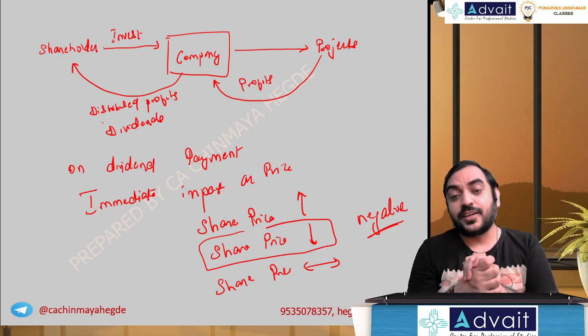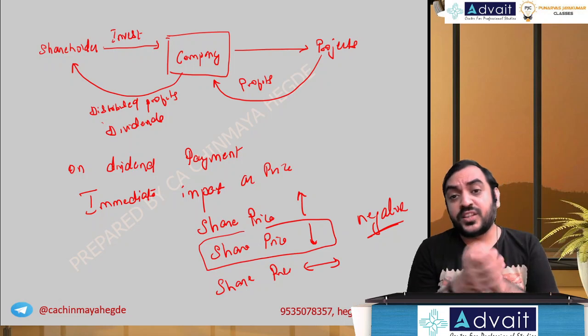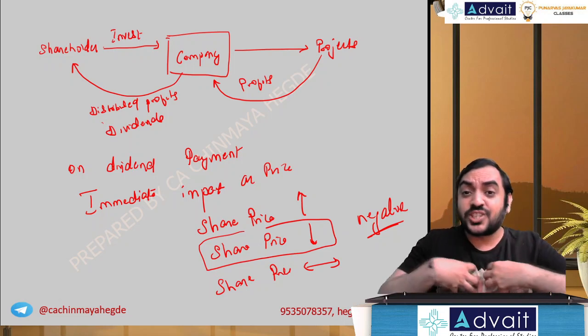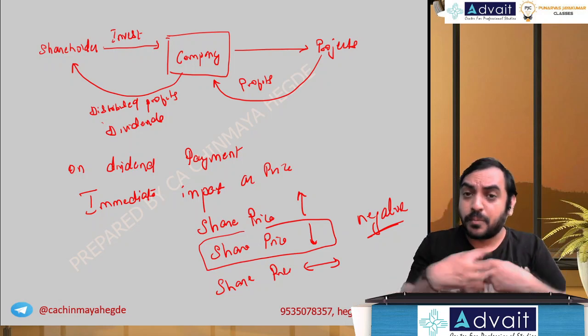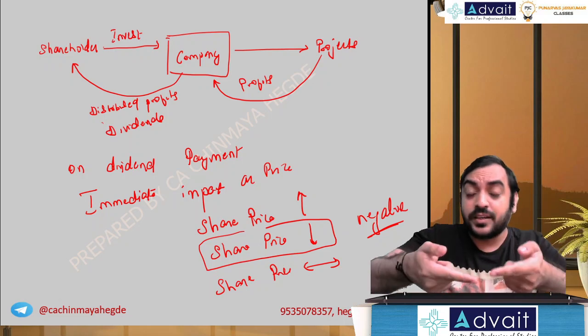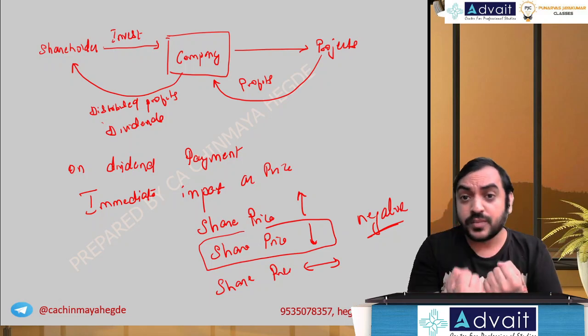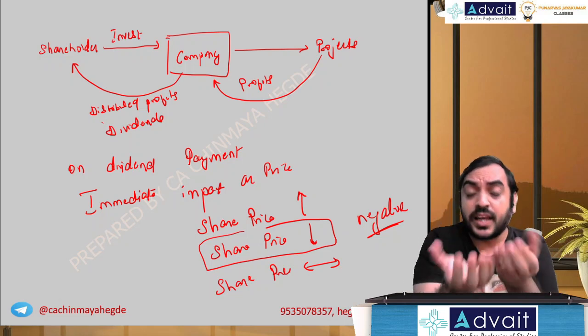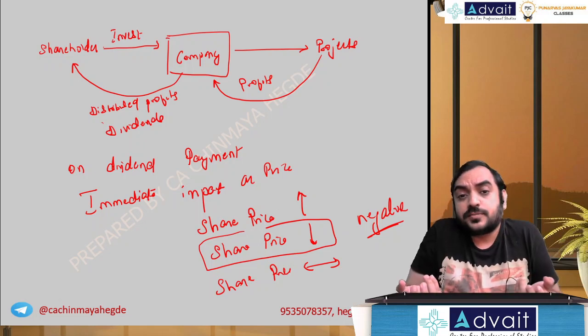And I was just telling, it is very similar to a partner withdrawing his share of profits. Now, if a partner withdraws his share of profits, what will happen to his capital account? The partner's capital account will come down. That means the partner's investment in capital, or his recoverable amount, will come down, because if the investment is 1 lakh and he received 10,000, his receivable is only the remaining 90,000.